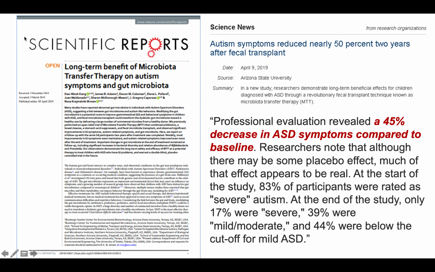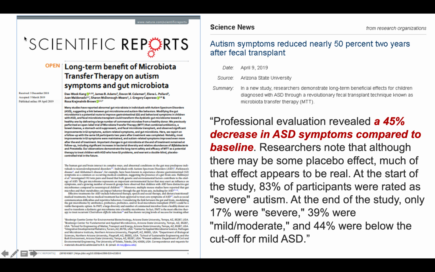And usually autism is defined as a disability in which the individual shows certain signs and symptoms, among them the lack of communication or the repetition of behaviors. And what they've done is they've transplanted fecal matter from healthy individuals into children that are on the autism spectrum.